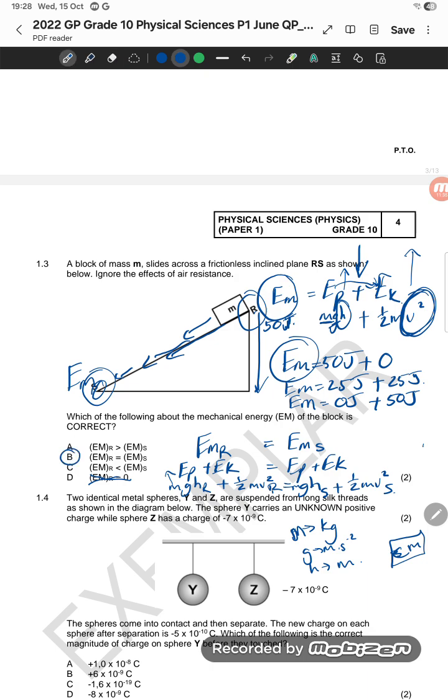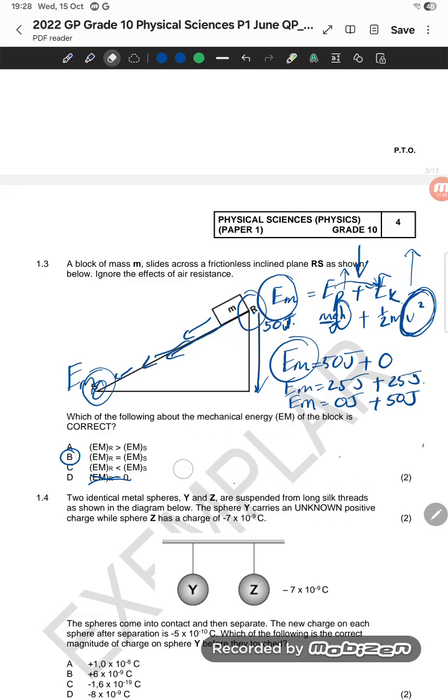we are going to B. Okay, let's see. The identical metal spheres, Y. Now, please remember, grade 10, grade 11, grade 12, it's all one big thing.